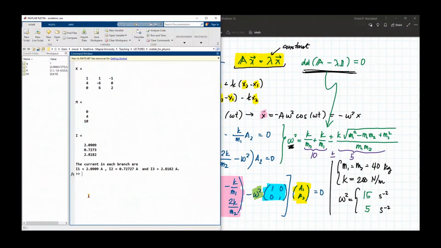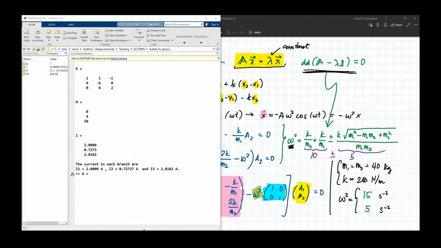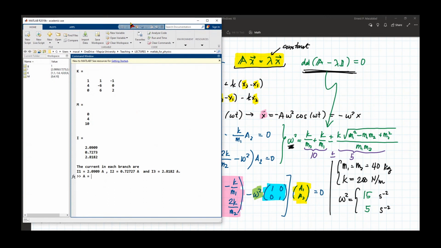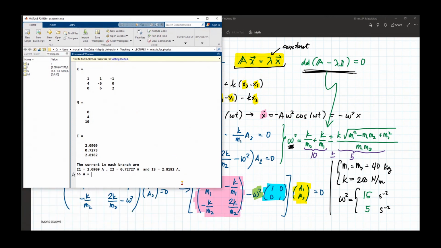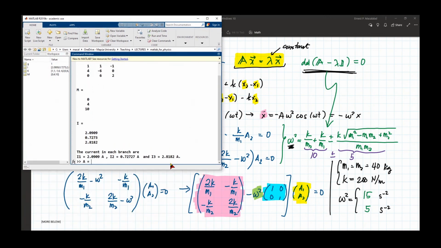Okay, so let's define A. Okay, so A is this one. Let's define what K is. K is 200, and then M1 is 40, and M2 is 40.